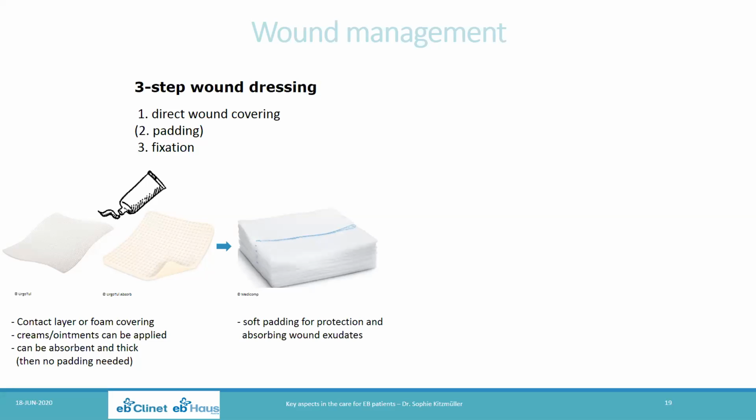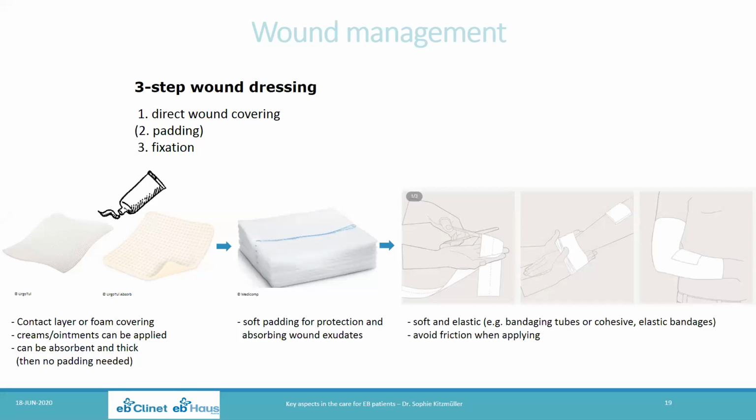And what you of course cannot do is put on a plaster or anything that is adherent to the skin. So what you can do is you either use so-called cohesive elastic bandages or bandaging tubes. In our experience, those bandaging tubes work very well. One thing that you have to be aware of if you use cohesive elastic bandages is that they stiffen back.